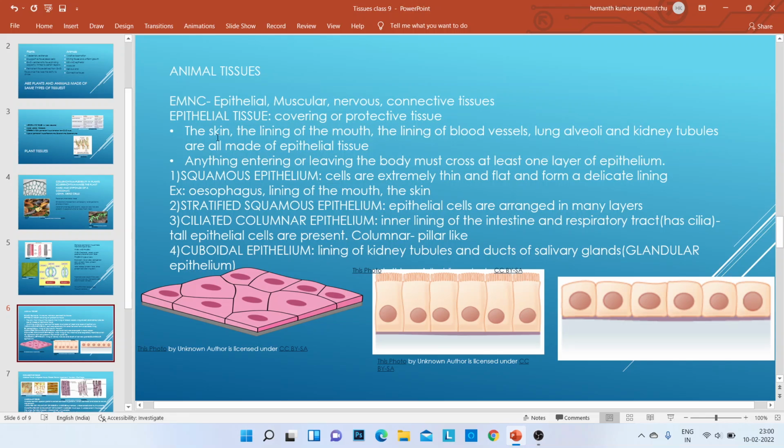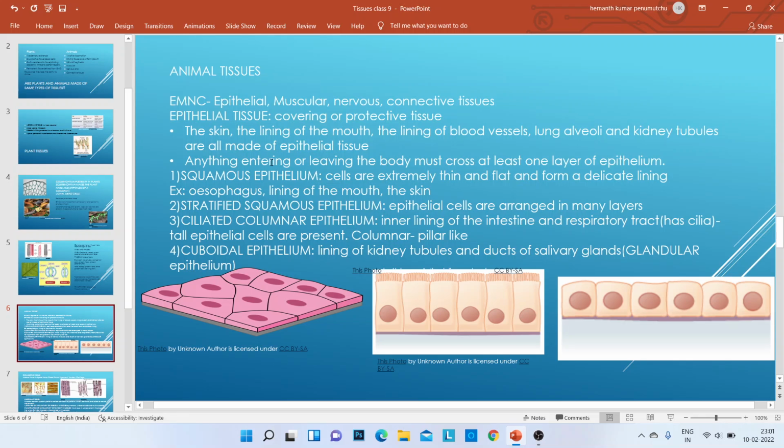Epithelial tissue covers the skin. The skin is the best example of epithelial tissue. The lining of the mouth, the lining of blood vessels, lung alveoli and kidney tubules are all made of epithelial tissue. Anything entering or leaving the body must cross at least one layer of epithelium.